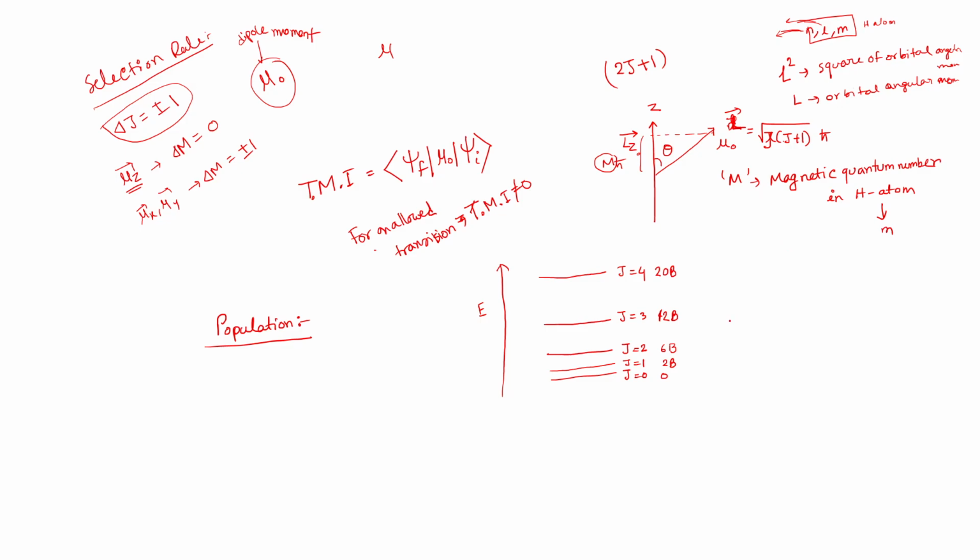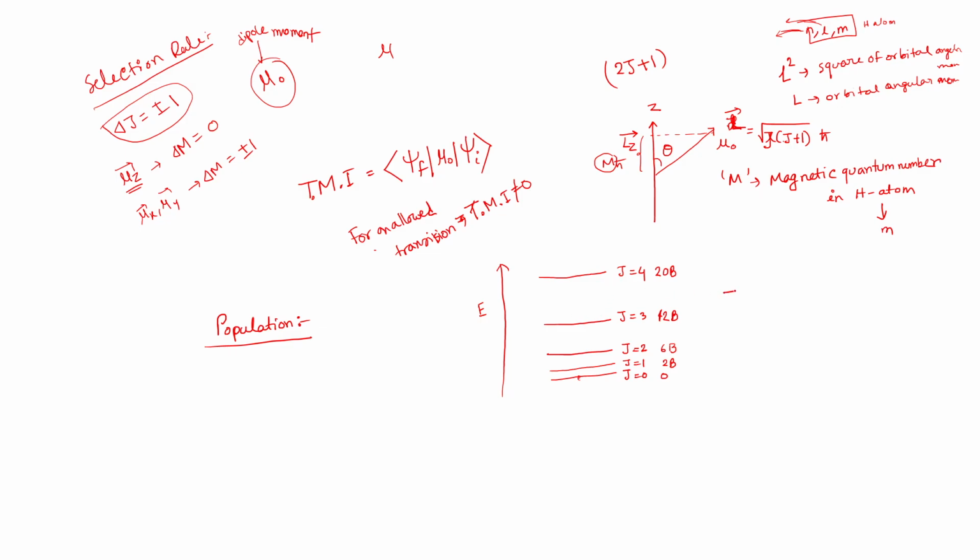So what do you think, where is the maximum population? Is it in the ground state, J equals to 0, or could it be higher? There are two options: J equals to 0, or J equals to 4, higher than J equals to 0. What do you think? Before that, tell me, what is the degeneracy we have already discussed, right?